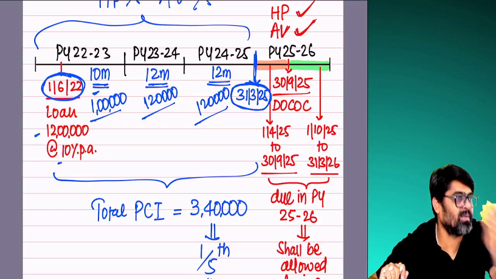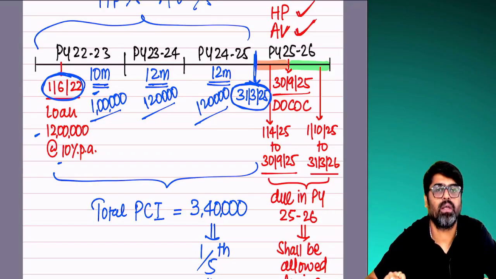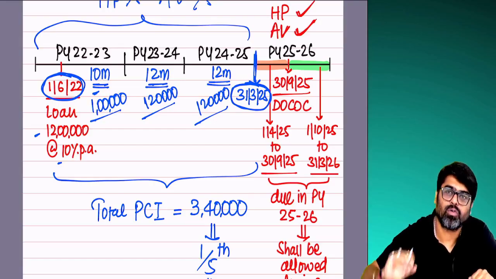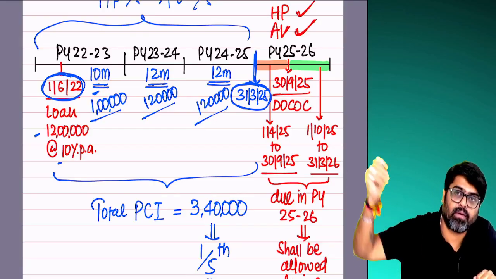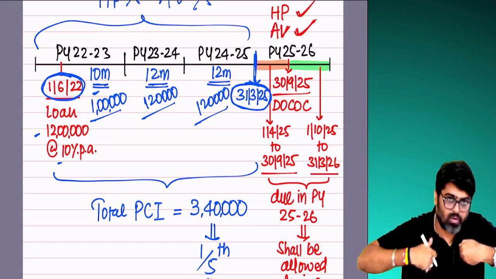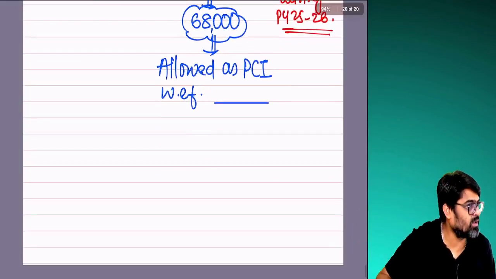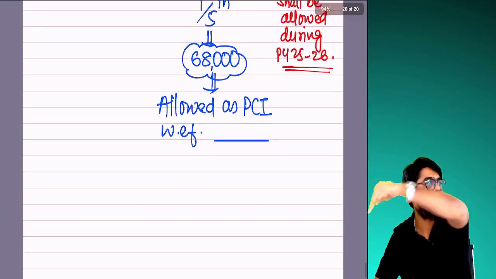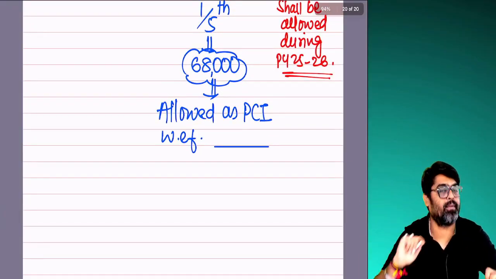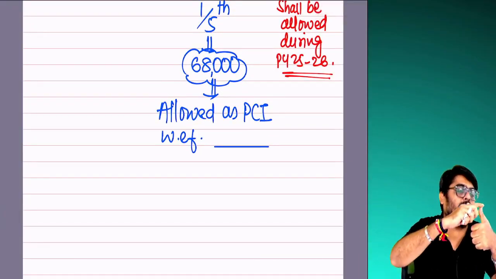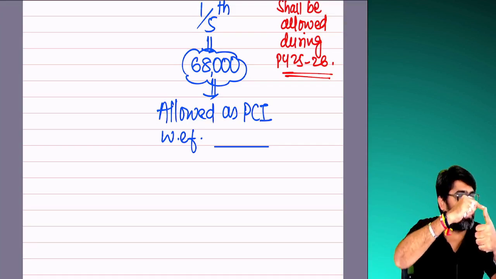So that is the normal interest for that year, no? That we are going to allow you in that year. In addition to that, we are going to allow you this 68,000 for the first time. So in 25-26, 68,000 will be claimed for the first time.